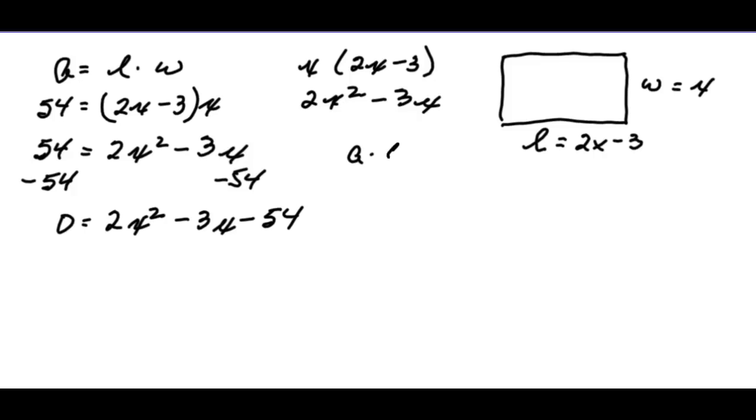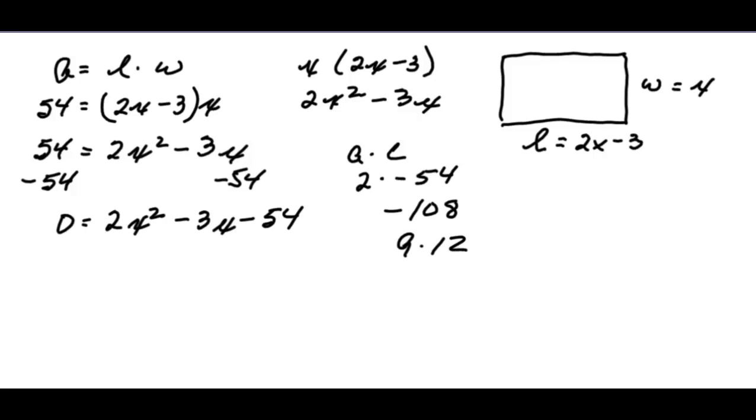A times C, in this case, is 2 times a negative 54, and that gives us a negative 108. So the question is, what two numbers when multiplied together will give me negative 108, but the difference of which is 3? And it just so happens that those numbers are 9 and 12.